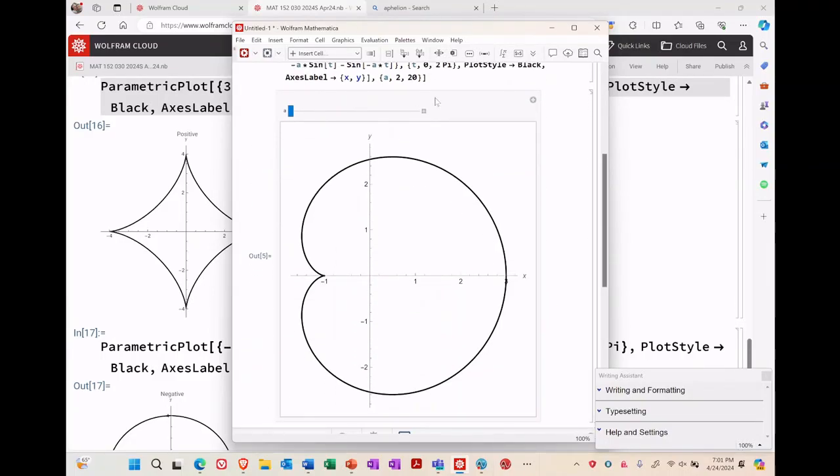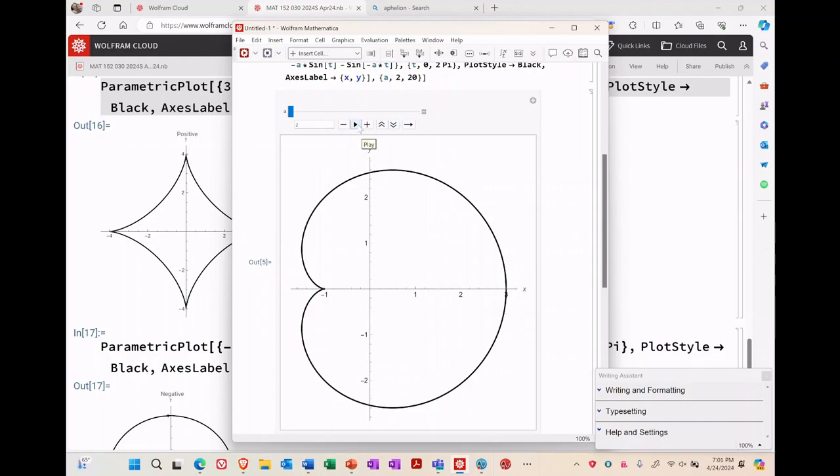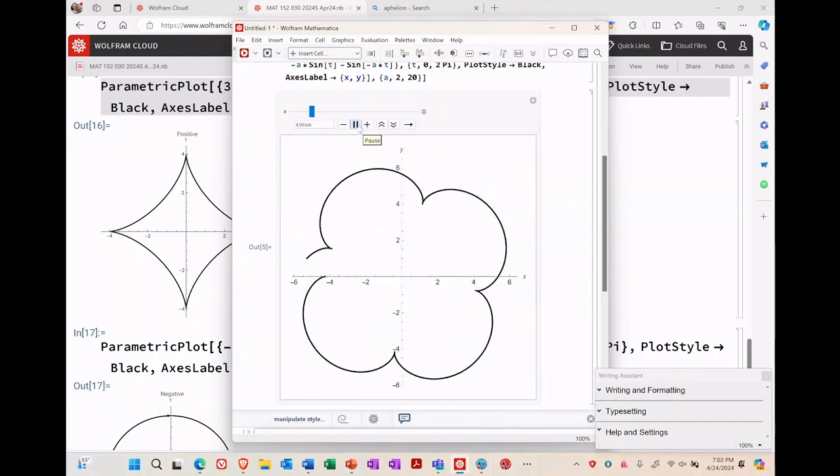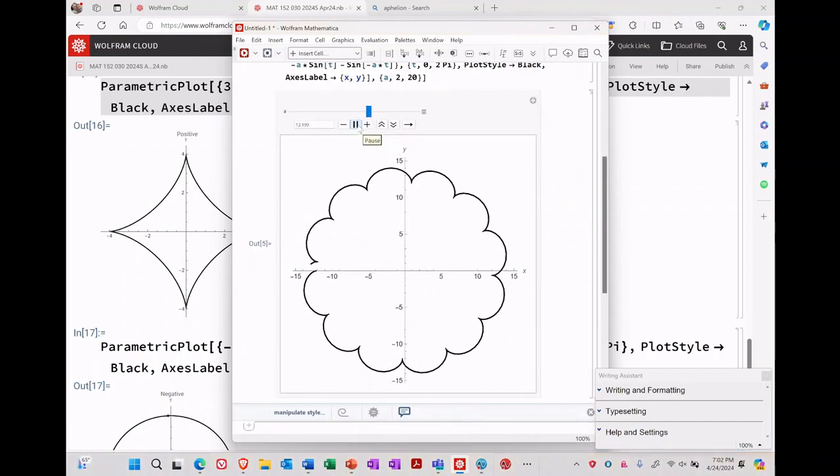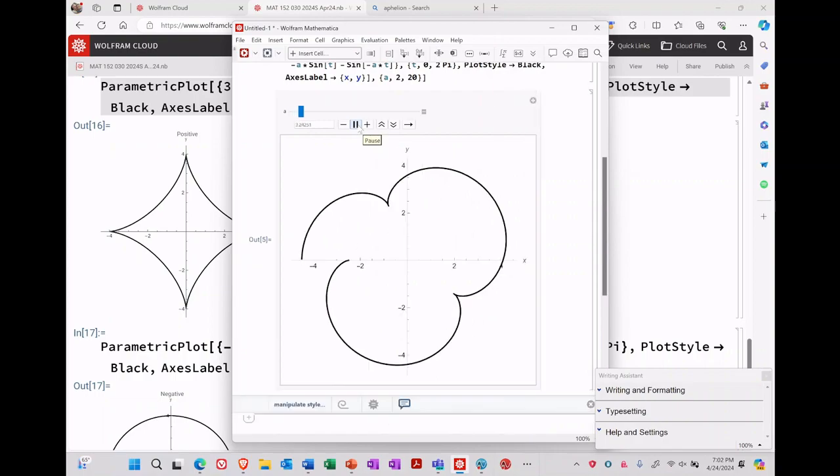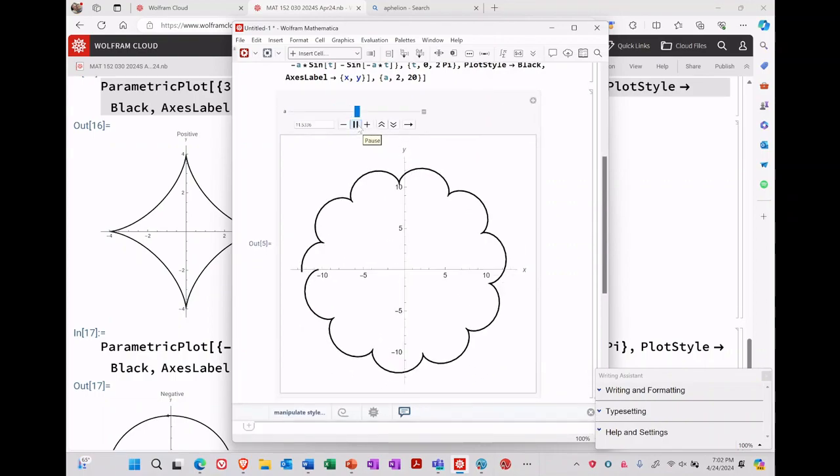All right, we'll look at the negatives. Similar kind of idea.